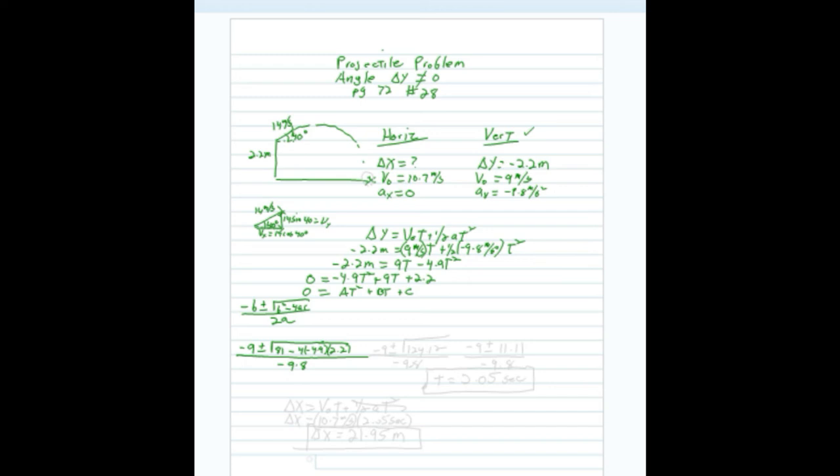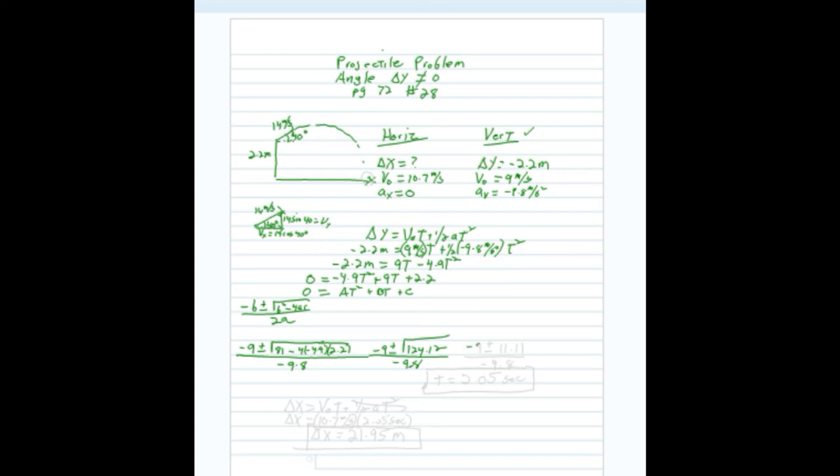I'm sorry, it's plus 43.12 equals 124.12. So we have negative 9 plus or minus the square root of 124.12 over negative 9.8. The square root of 124.12 is 11.11.